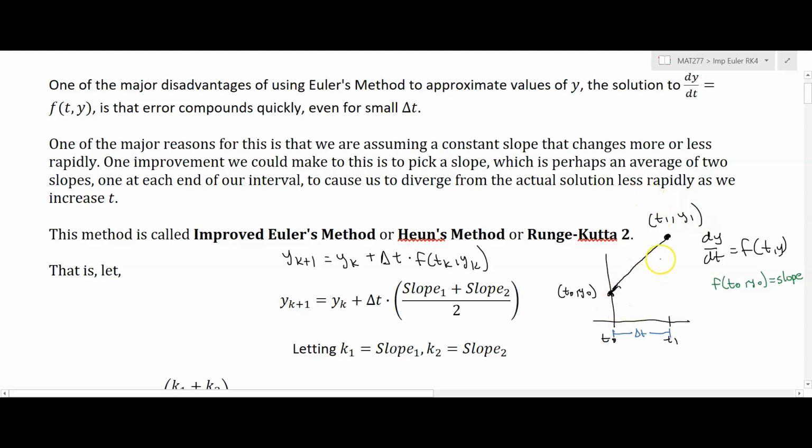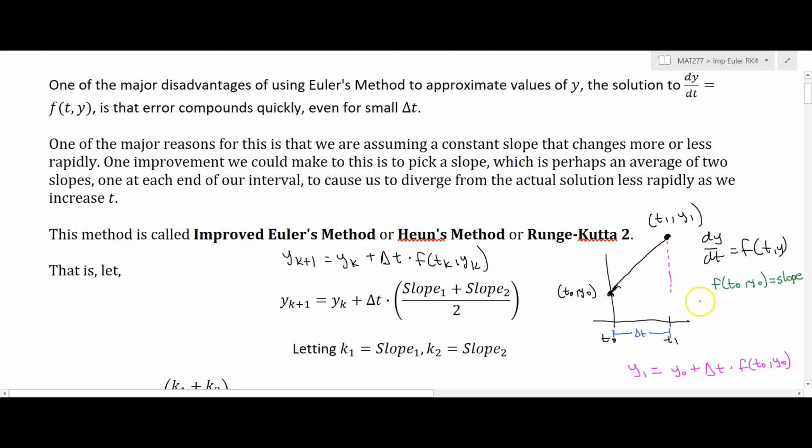This vertical change that we have here is calculated by taking the change in time. To get y1, we take y naught and add to it the change in time multiplied by how much we expect the change to be, so multiplied by this slope.